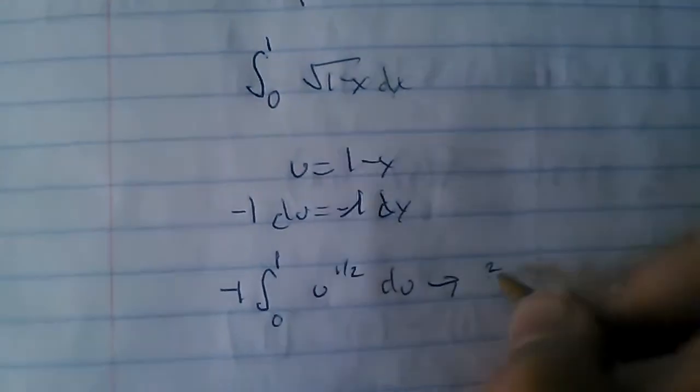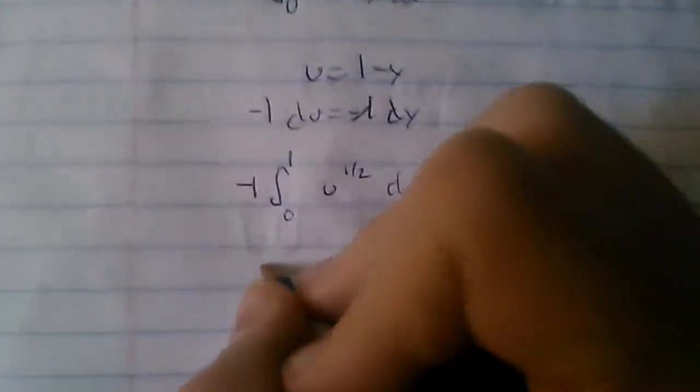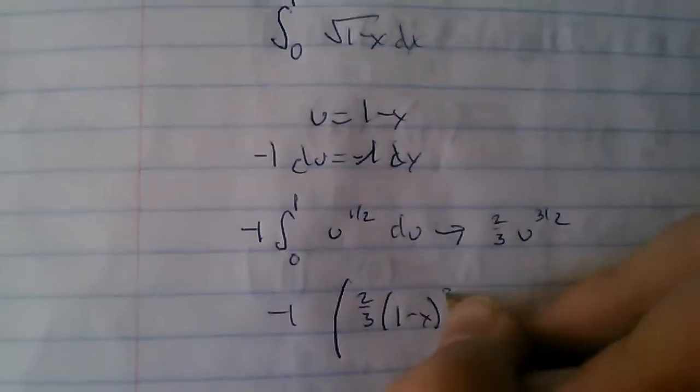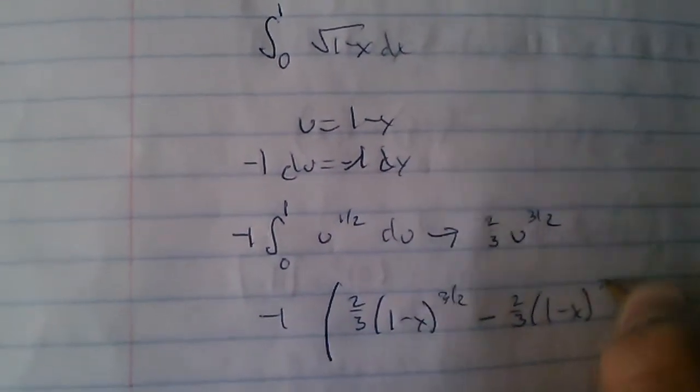Well, that would be 2/3 u to the 3/2, right? So right now we want negative 1 times the quantity 2/3 (1 minus x) to the 3/2, and we plug in those numbers.